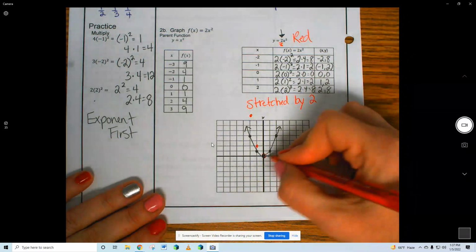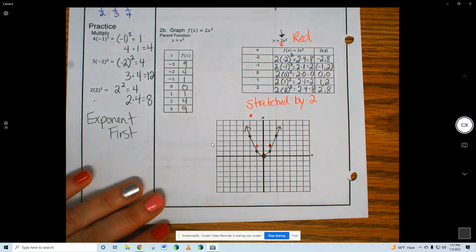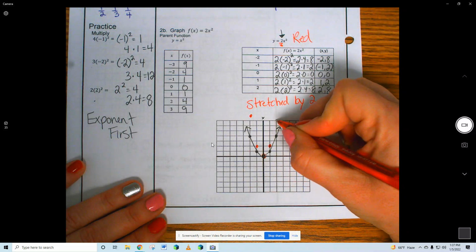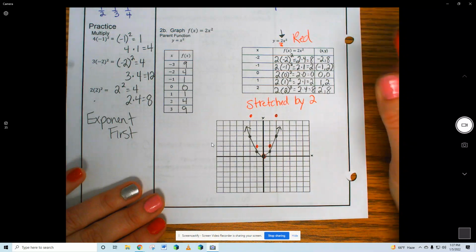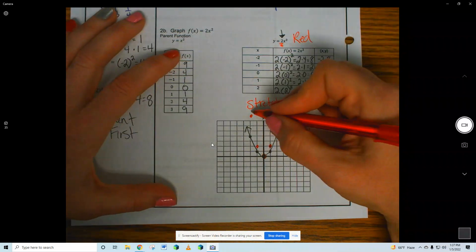1 comma 2. 2 comma 8. Over 2 up 8. And then when you connect it, you'll see it is skinnier. It is more narrow.